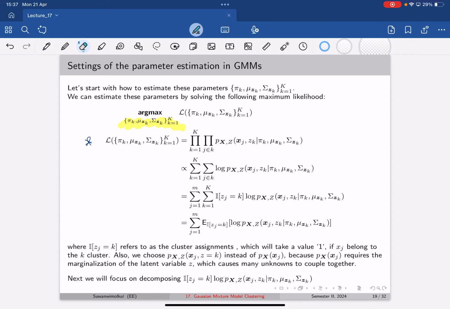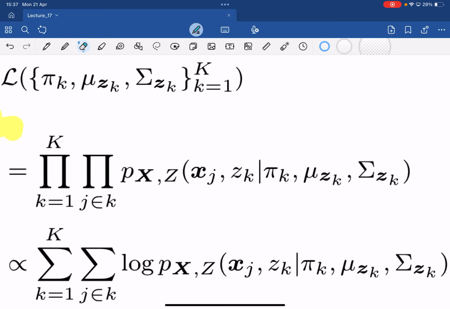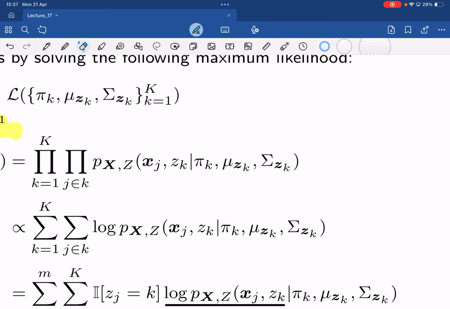You probably wonder why there must be multiplication over here?